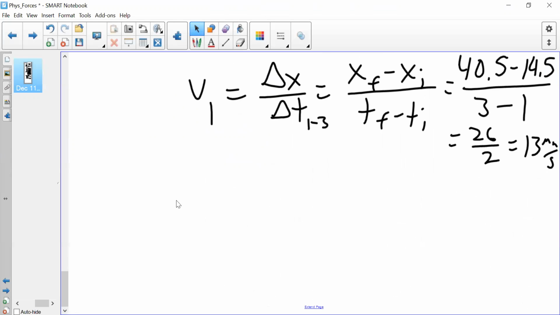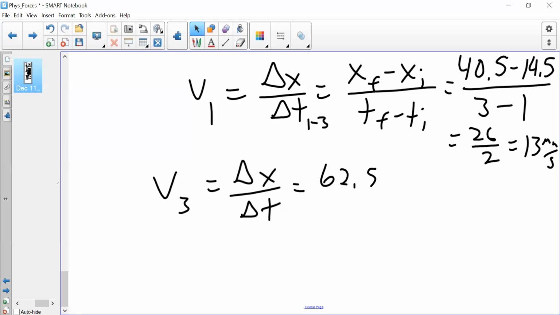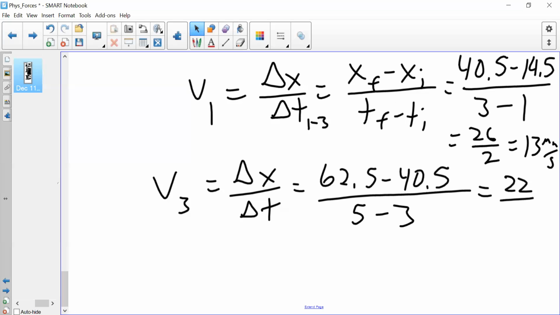My second velocity, which exists at time 3, will be 62.5 minus 40.5, the next 2 points, over 5 minus 3. This is always going to be 2, just 2-second gaps. That's going to be 22 divided by 2, which is equal to 11.